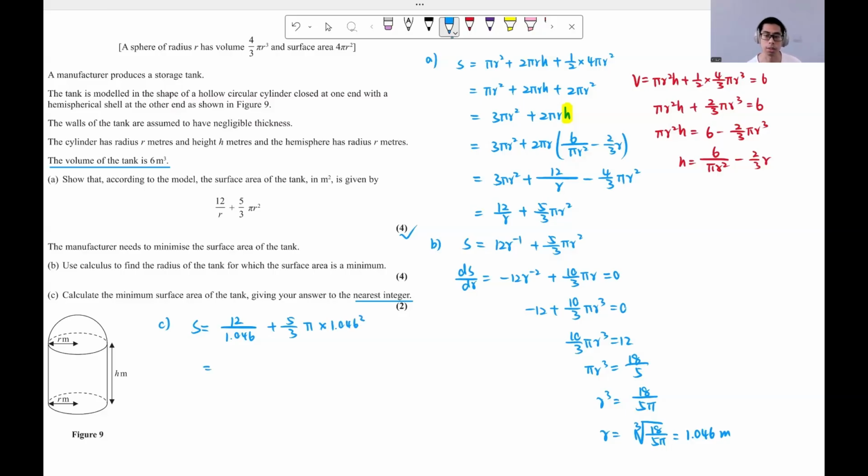I normally just save this in my calculator and use that to calculate S. So I use 12 over the answer I got before, plus 5 over 3 times pi times the answer squared, which is 17.20105. They want the nearest integer, so we round it to 17, and the unit is meters squared because it's a surface area. That will be the final answer.